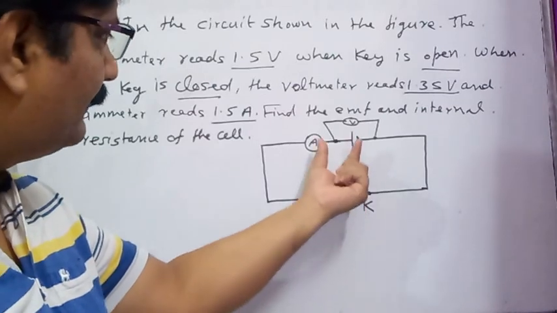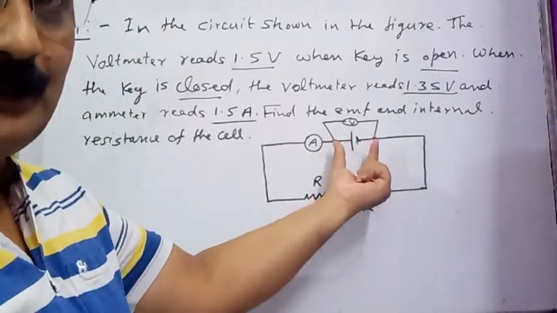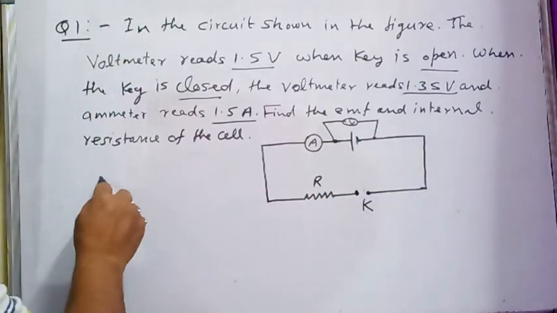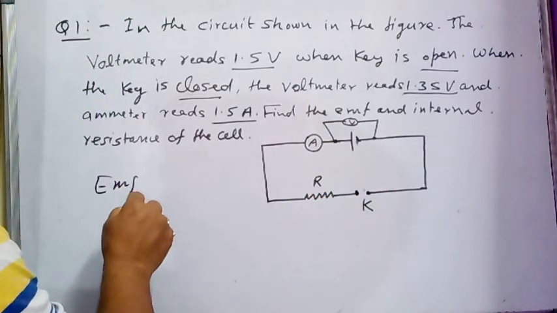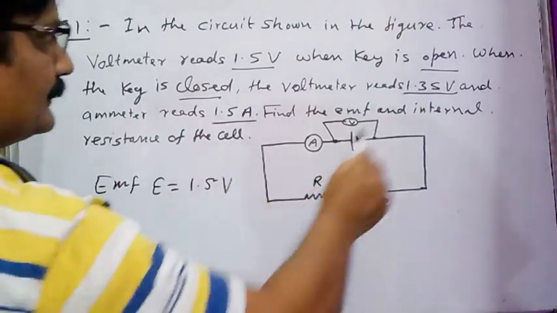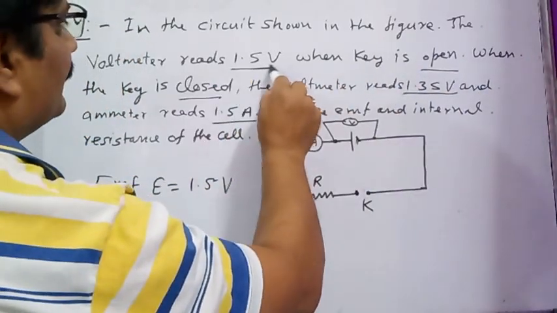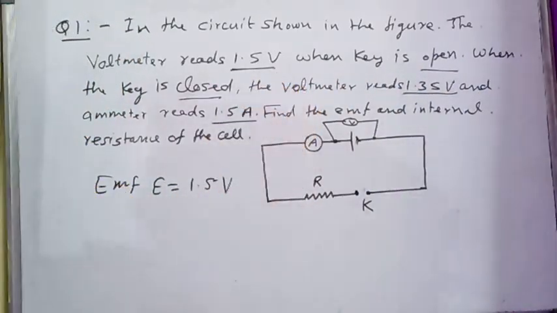Whatever is the potential difference between the terminals of the cell, that is called EMF of the cell. So EMF of the cell E is equal to 1.5 volt. The circuit is open and the reading of the voltmeter is the EMF of the cell.